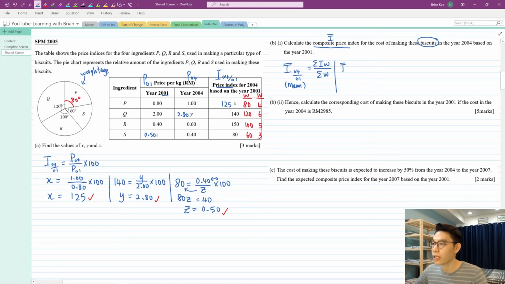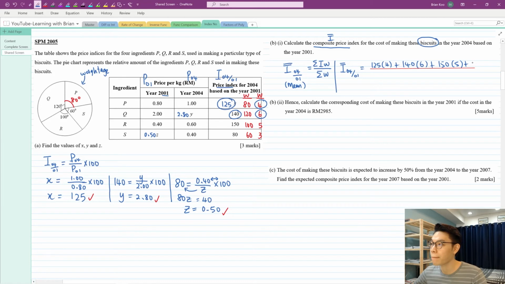So I think we can use the formula already. Let me draw a proper straight line so that it's not so ugly later. Each of the index: 125 times 4, 140 times 6, and then 150 times 5.